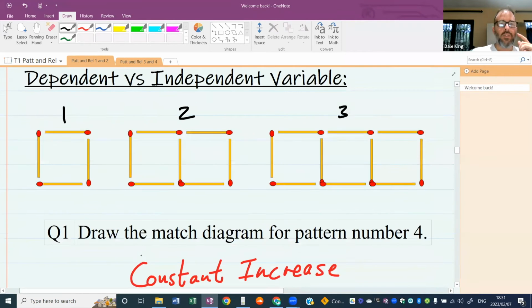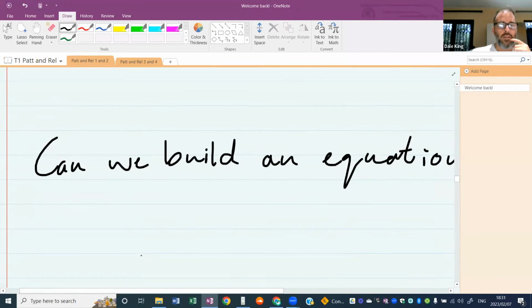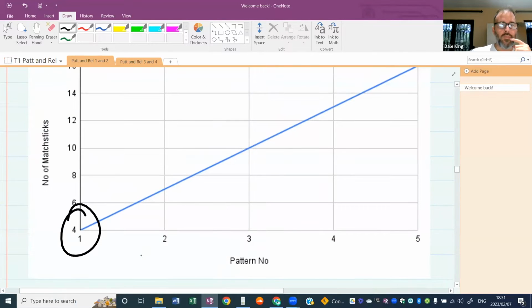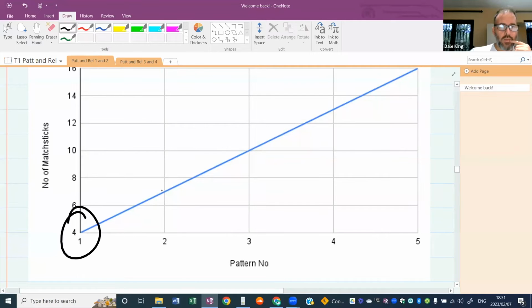For pattern number 2, we saw 7, so if we go from 2 up on this graph, and from 7 to the middle where these two lines touch, this point is another point to plot on the chart.